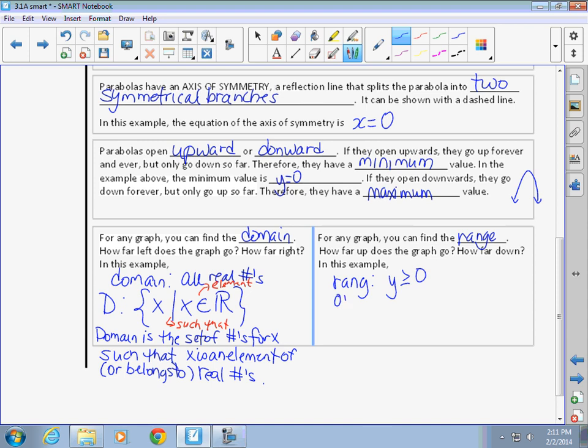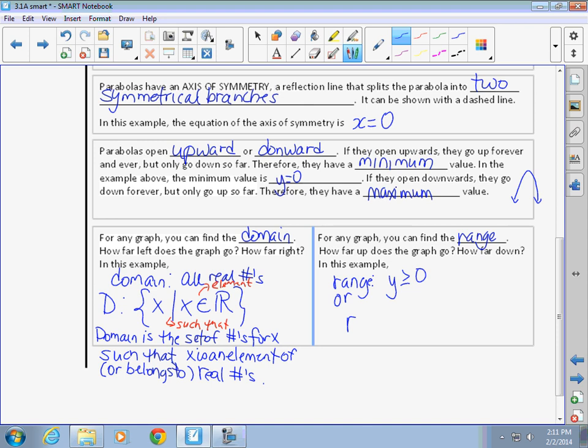Or if we wrote that out in proper form, we'd say that, not range. Oops, I'm getting ahead of myself here. So I put an R for range, and you can use a capital R too, but this is where it's important that you make that distinction between real numbers and range.